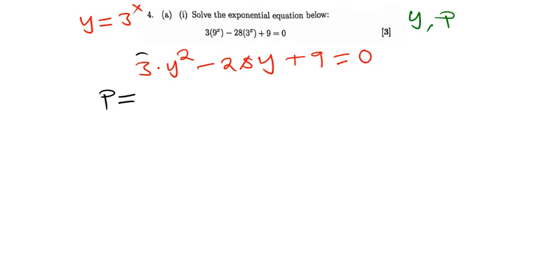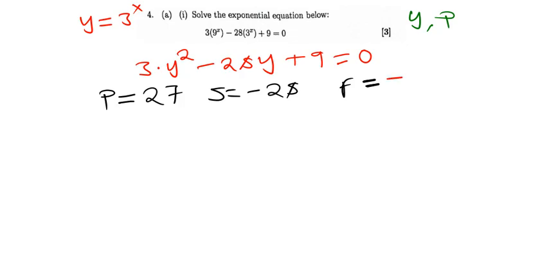The product of 3 and 9, that gives us what? 27. The sum is the coefficient of y, so that's minus 28. Factors, what two numbers can we multiply to give us the product and add them to give us the sum? For the sum and the product to be closer, there has to be a use of a 1.